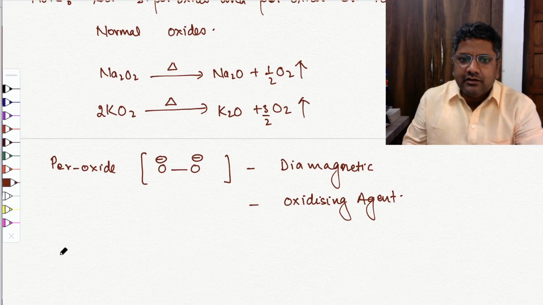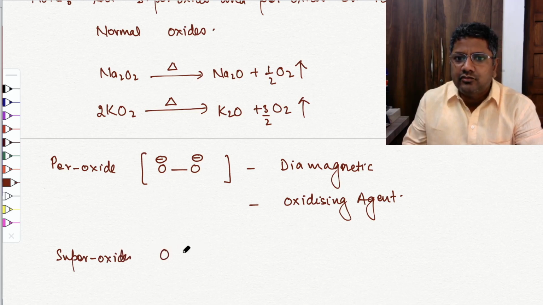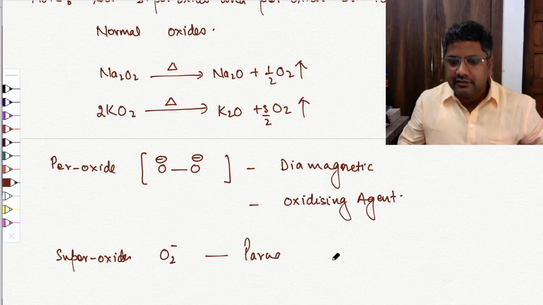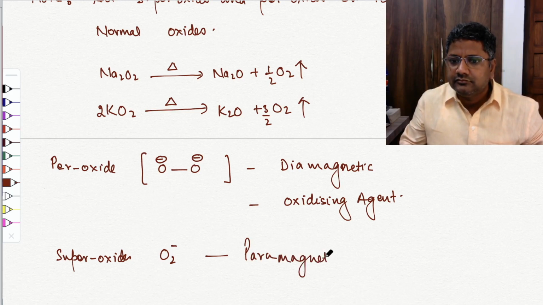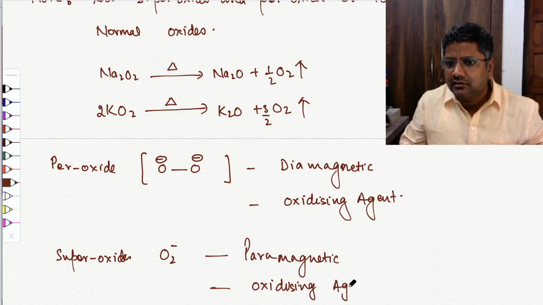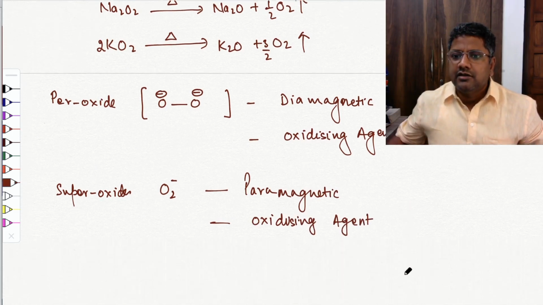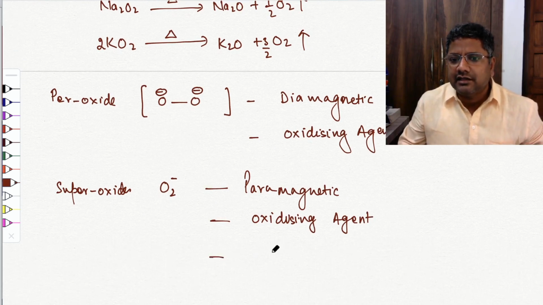But if you take superoxides, O2 single minus, this is paramagnetic, and they are also oxidizing agents. But usually they are colored, right?